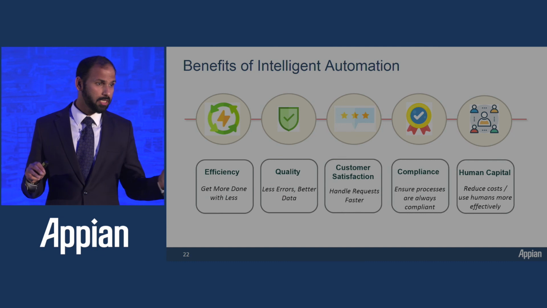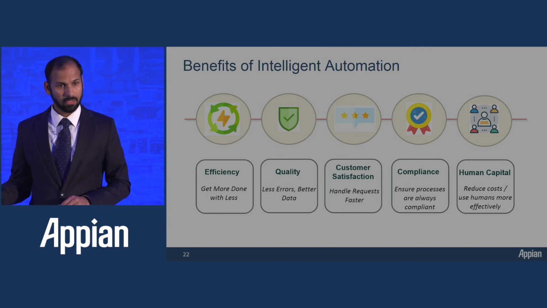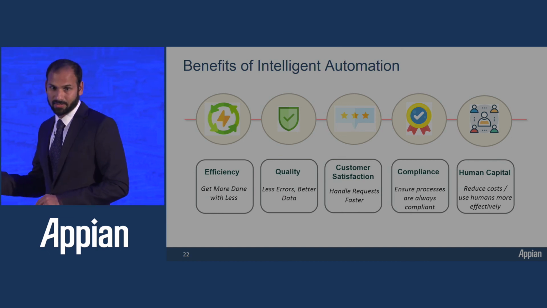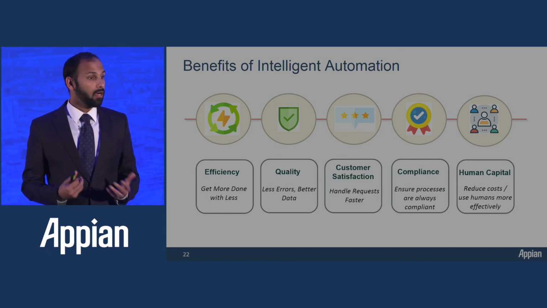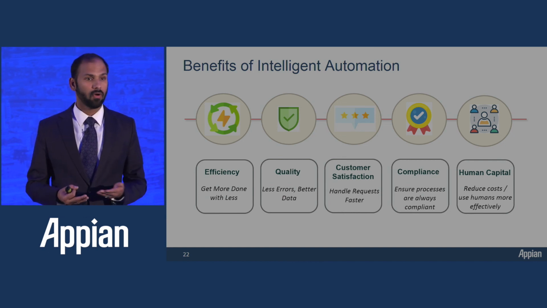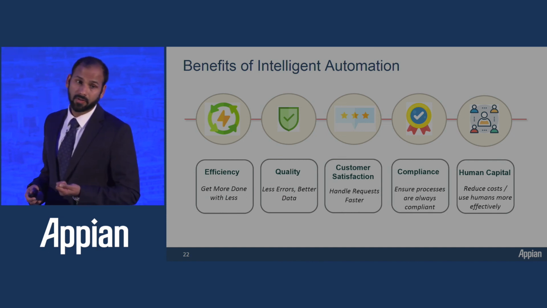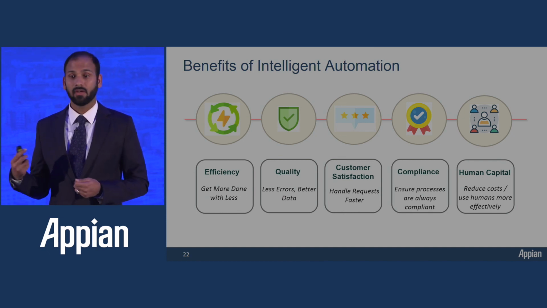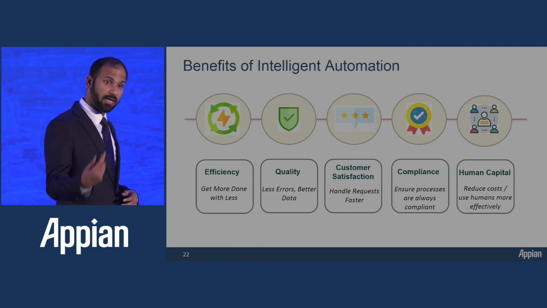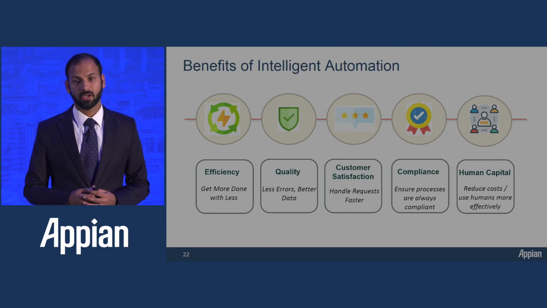Needless to say, these two lead to better customer satisfaction. Happy customer, happy business. Until I say, Alexa, run my business, right? You have better compliance standards. You have a clear design on how to follow compliance. And lastly, you have better use of the human capital. You identify which is an ideal place to use robotics, which is the ideal place to use human intelligence in a very clear and concise fashion.